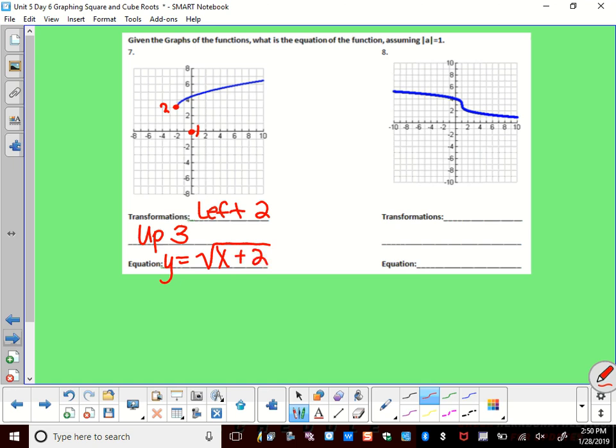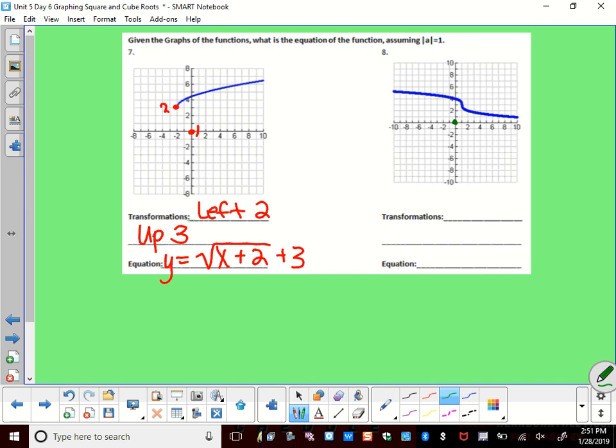And then up or down, I write behind my radical. How do I write up 3? +3. That is your equation. The best way to check your equation after you do something like this is to just type it in. Easiest way.